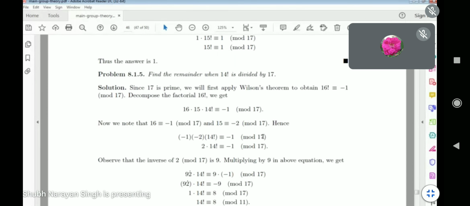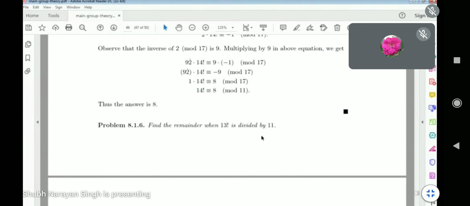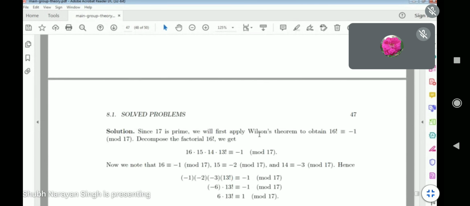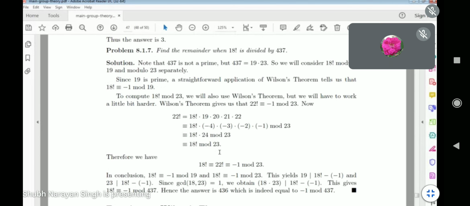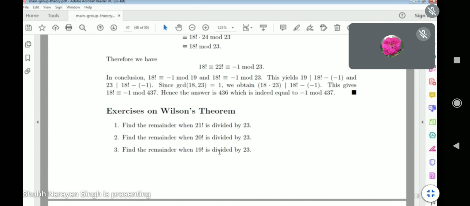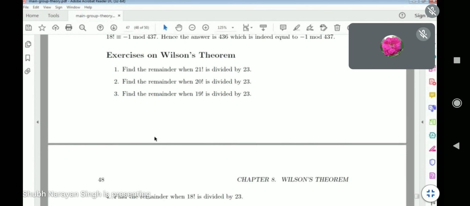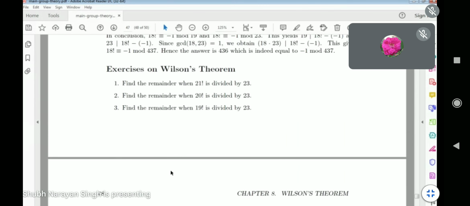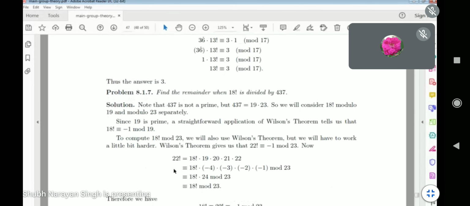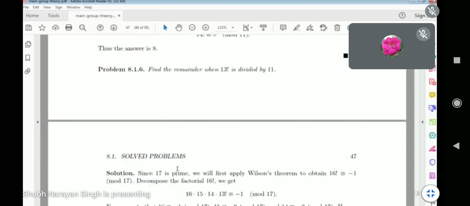I solved this question too. So many questions I tried to solve, and I also give some exercises based on Wilson's theorem. Please go and try. I will send this PDF by this evening because there are some typo errors I have to correct.